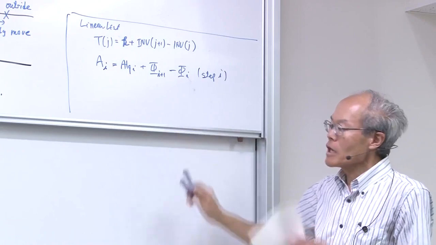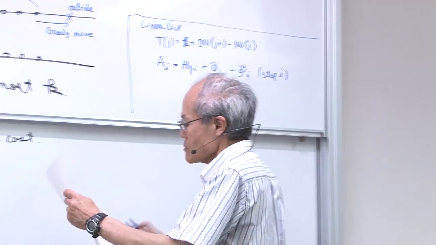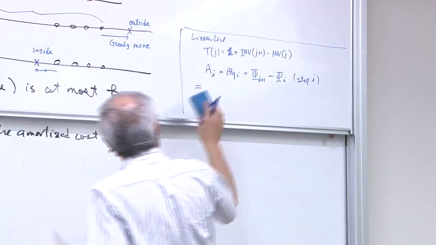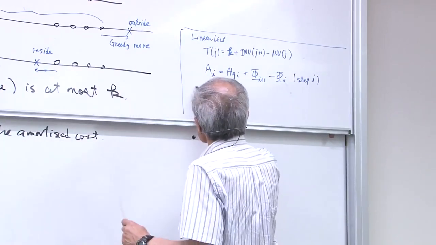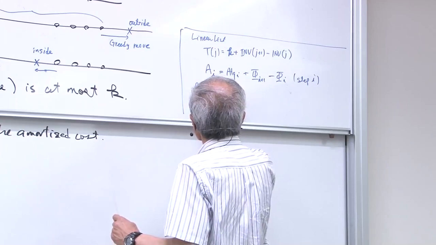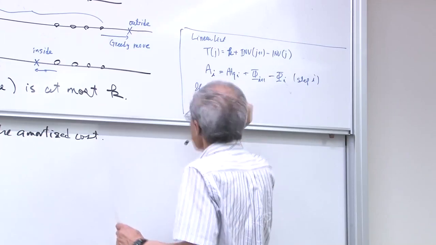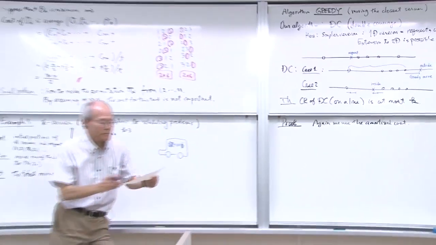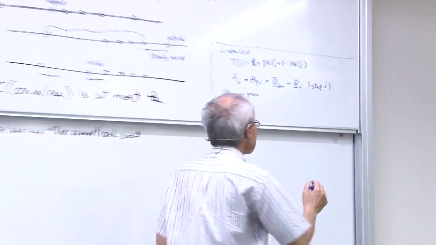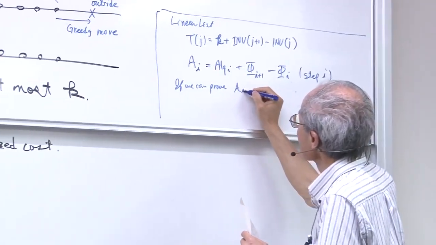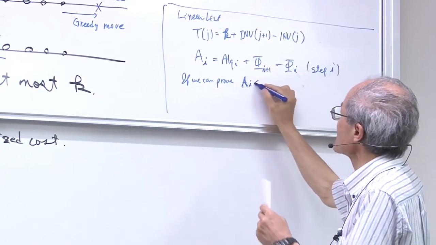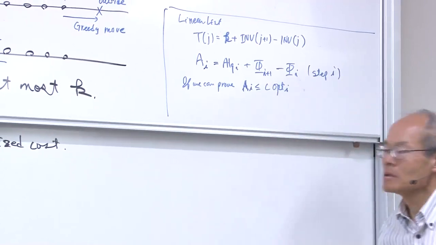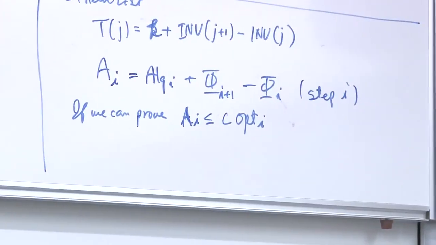Then our goal is to prove, if we can prove this amortized cost A_i is at most C times opt, then we are done.